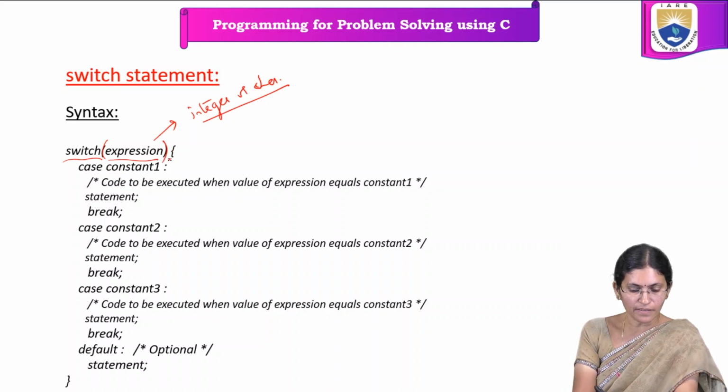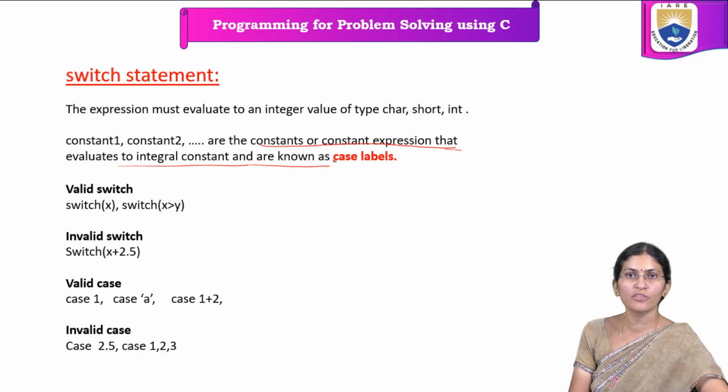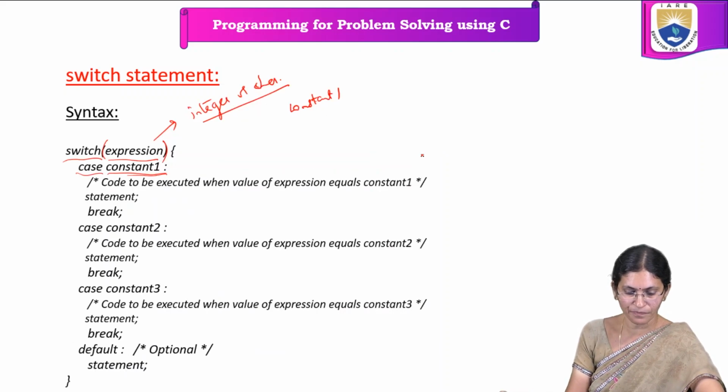Next, inside the curly braces, we have the keyword case followed by constant 1. Constant 1, constant 2 are the constants or constant expressions that evaluate to an integral constant. These are also known as case labels.